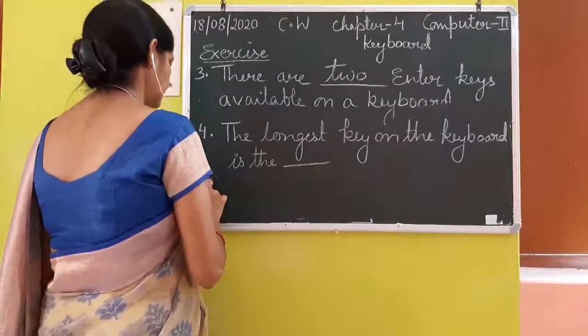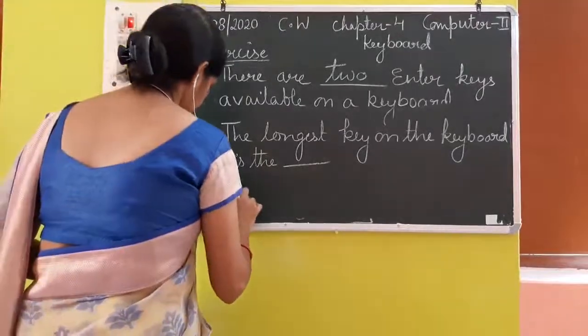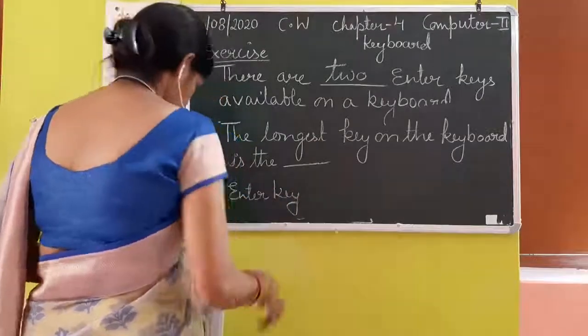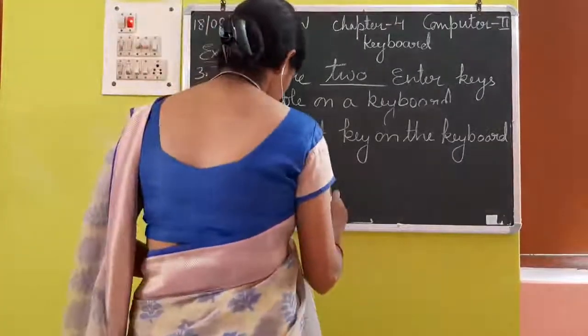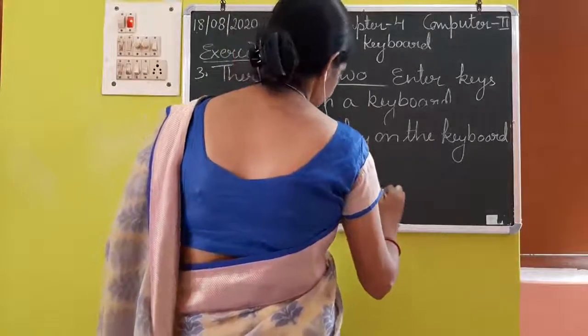So children, option A is enter key. Now we have second one, B is shift key.